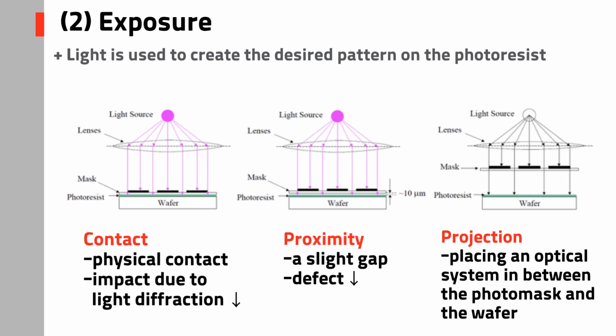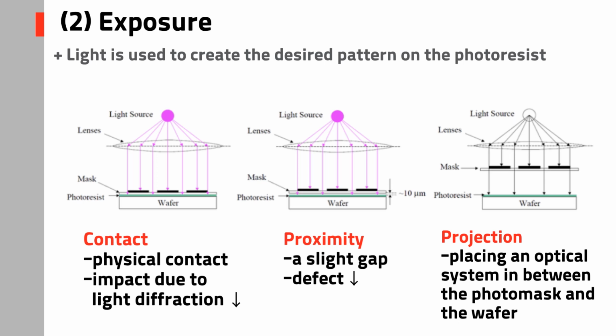Proximity. Proximity exposure involves exposing the photoresist with a slight separation between the mask and the wafer, minimizing the defects. 3. Projection. Projection combines the strengths of both contact and proximity exposure.